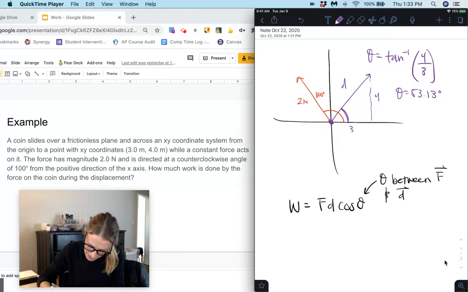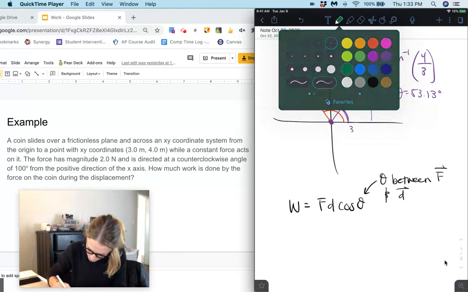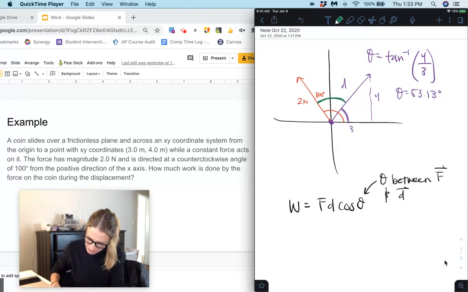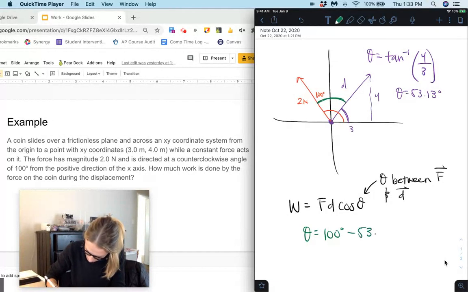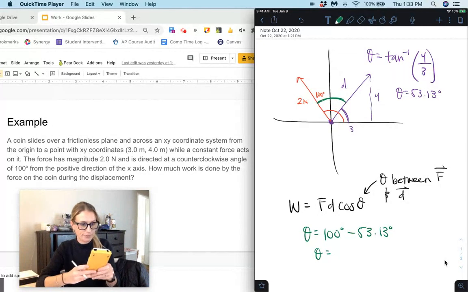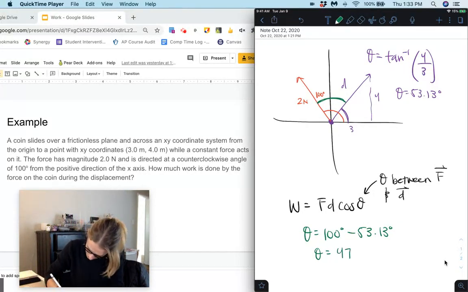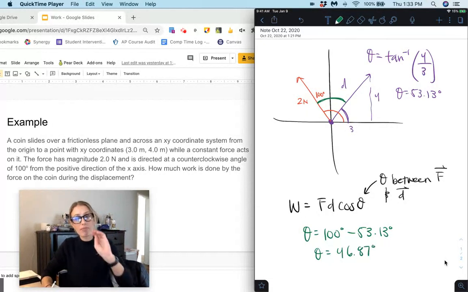So that means that this angle, and let's do it in green, between the force and the displacement, my theta, is going to be 100 degrees minus 53.13 degrees. So theta ends up being 46.87 degrees. So I have my angle now.